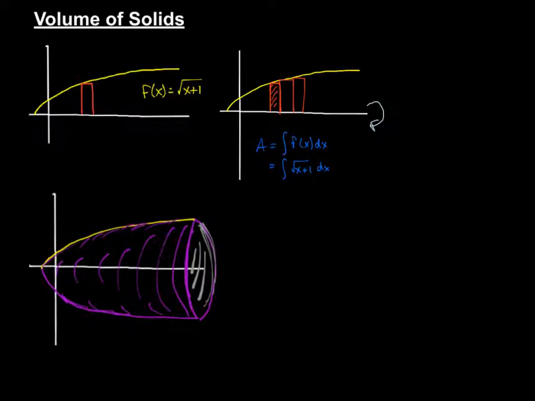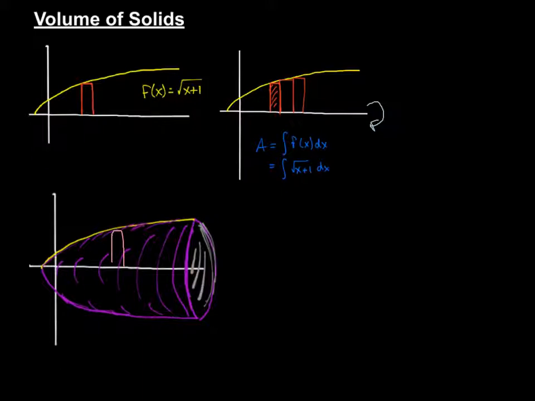The big difference between what we were doing before and now is that we're adding one more dimension. Here we're just dealing with area, but here we're adding a new dimension and we're talking about volume. So let's talk about how we found the area in the first place. We found the area by finding rectangles under the curve, but now we're spinning it.